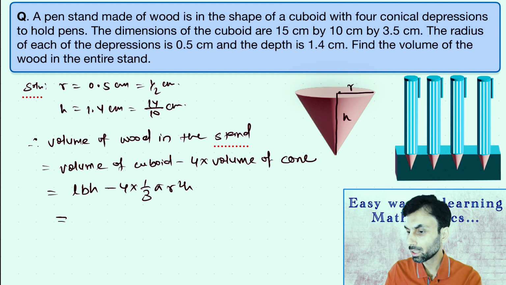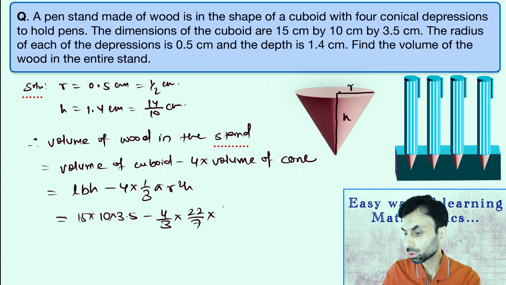Length is given, it is 15, breadth is 10, height is 3.5, minus 4 upon 3 into pi, 22 upon 7, radius is 1 upon 2, so square of it will be 1 by 4, into height, which is 14 upon 10. Now we can cancel 7 and 14 two times, 4 and 4 will get cancelled. The value will be 15 into 10 into 3.5.